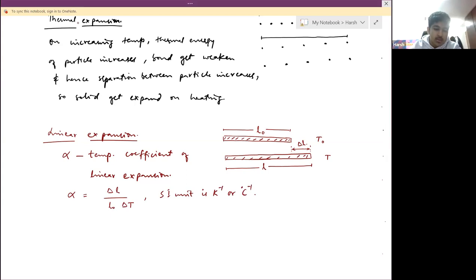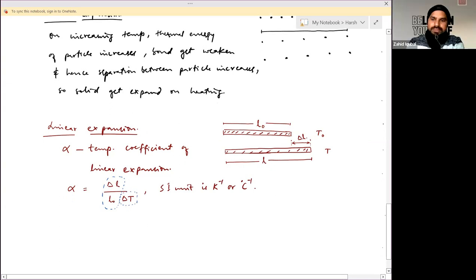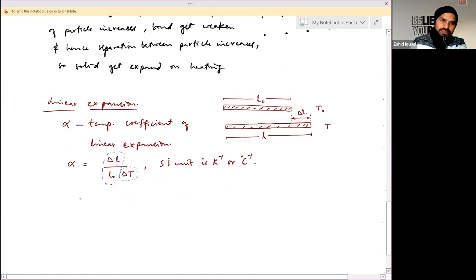From this relation, delta L by L naught is the fractional change in length and delta T is the change in temperature, not time. So it is a ratio of these two different quantities.